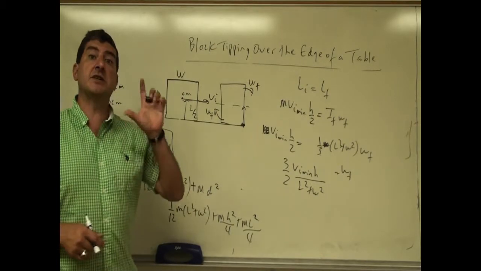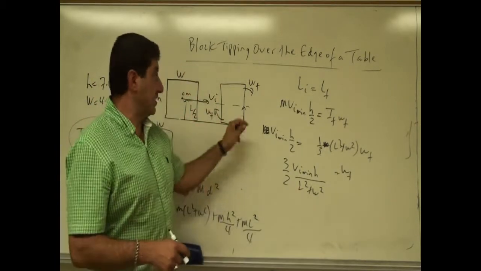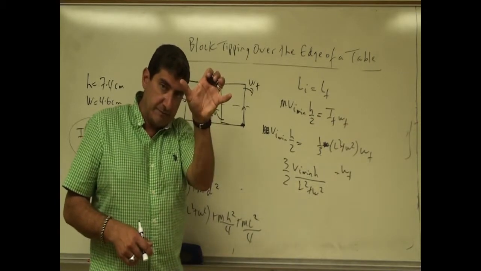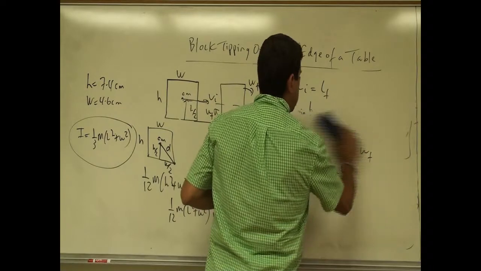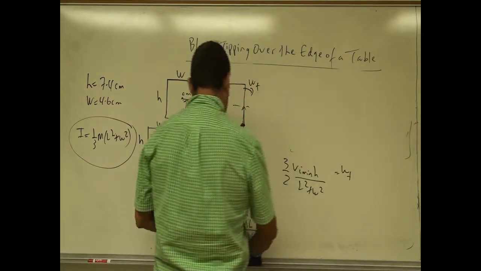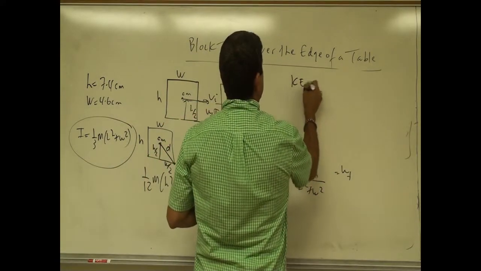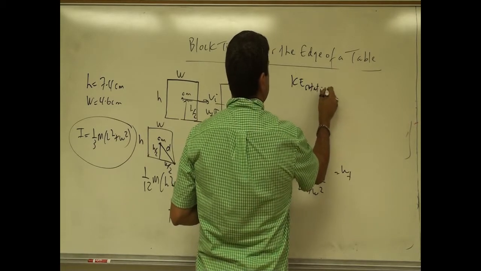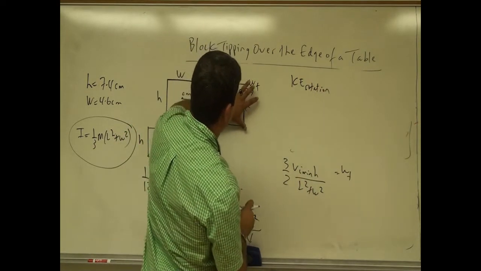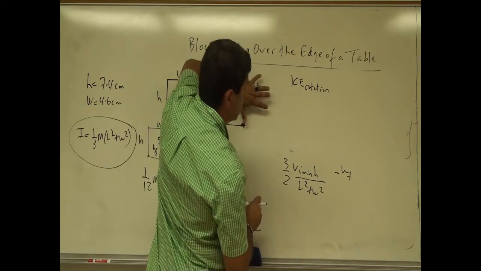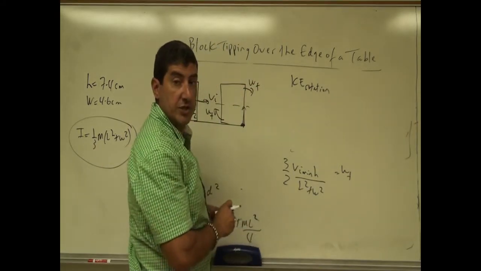So then I'm going to say, right after the collision, because it has an angular momentum, it also has a kinetic energy of rotation, right? The kinetic energy of rotation starts to, as the thing rises up, convert into potential energy, right?